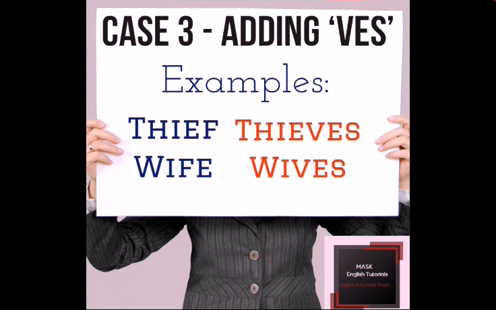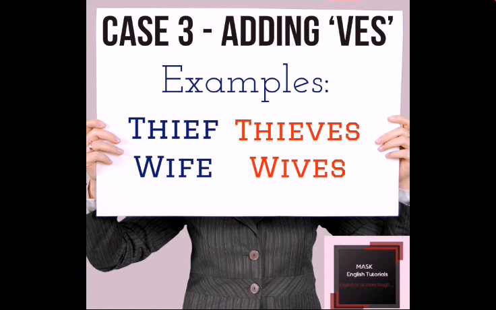Case 3: Adding ves. Nouns ending with f or fe form their plural by changing f or fe into v and adding es. Examples are thief, thieves, wife, wives.